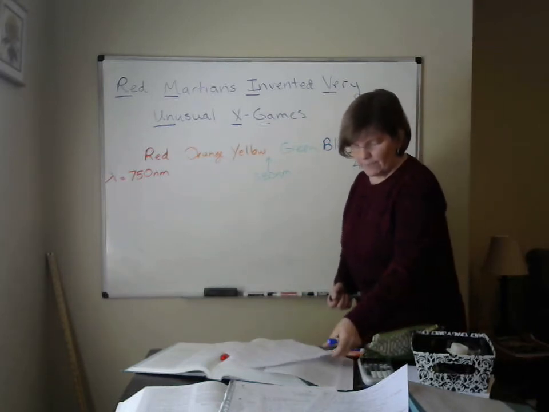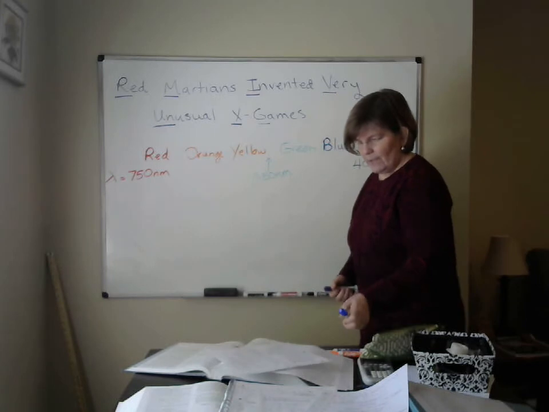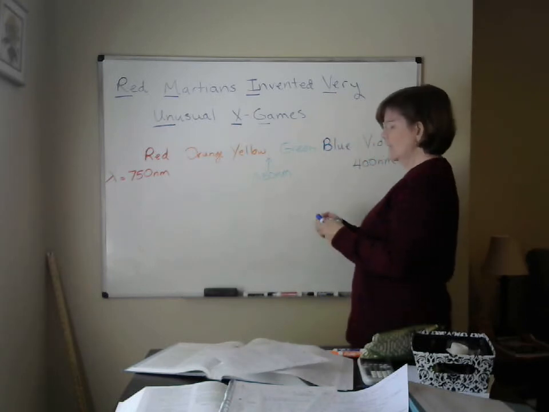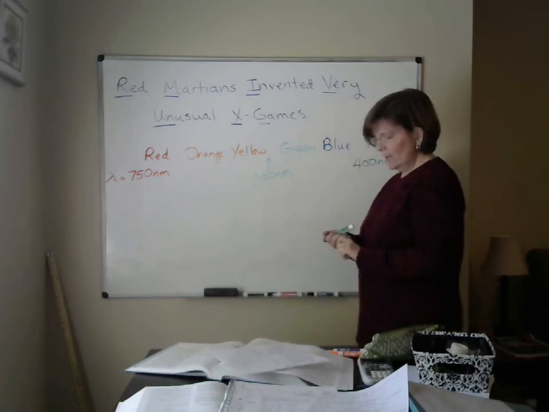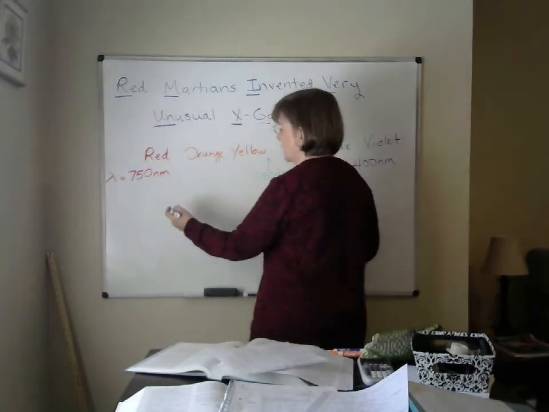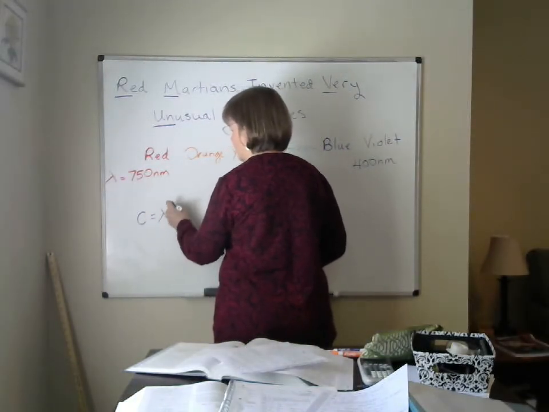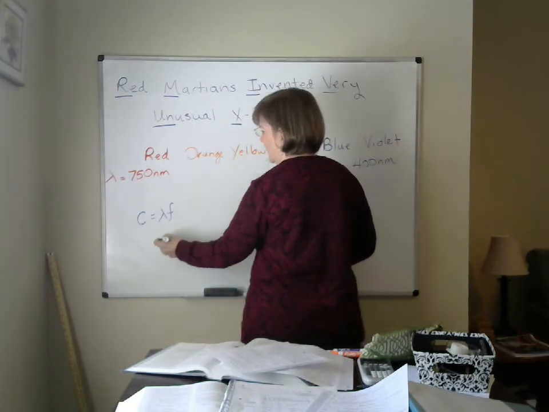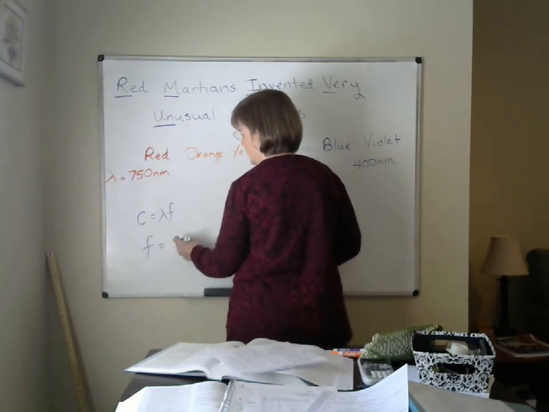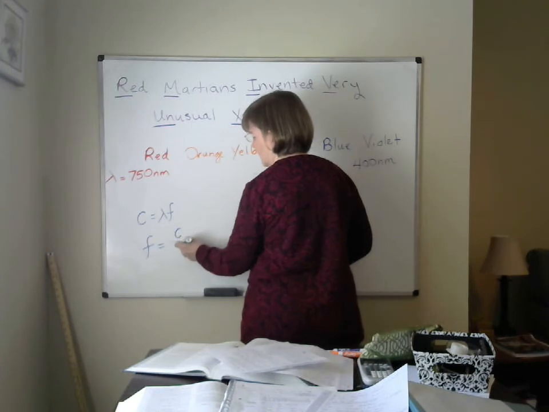In terms of frequencies, if we can use our laws that we've had before, we know that the speed of light has to equal the wavelength times the frequency. So we can solve for frequencies easily using c over lambda.